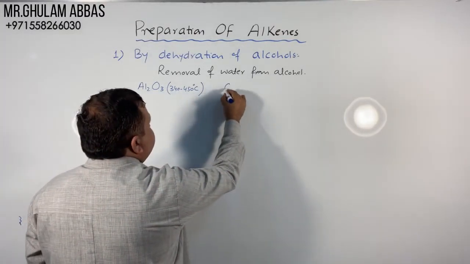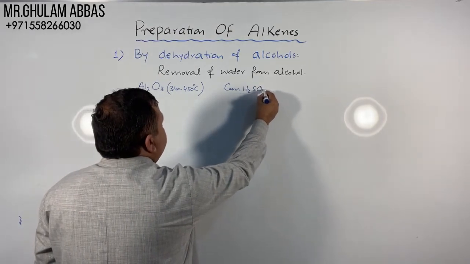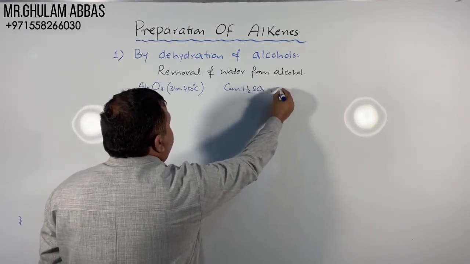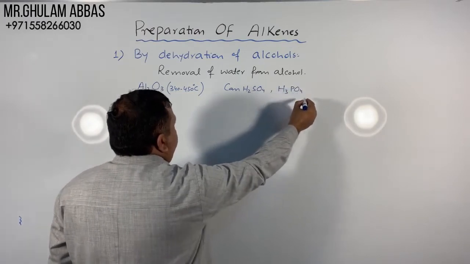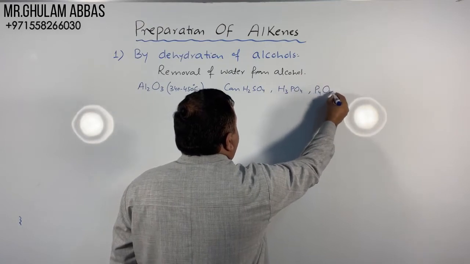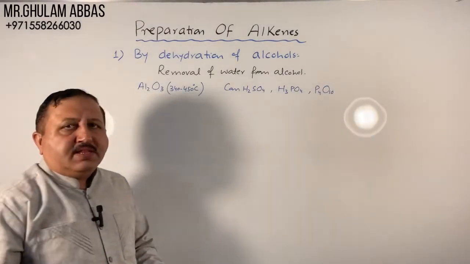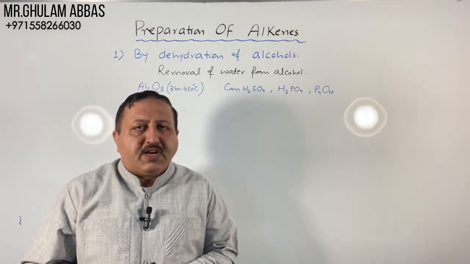The second reagent is concentrated H2SO4. The third reagent is H3PO4. And the fourth reagent is P4O10. These reagents can be used to remove the water from alcohol.